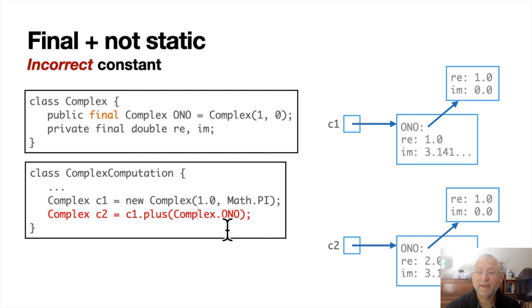I could have written here C1.ohNo, in which case we've added this ohNo field to C1's fields, and we get this result. Doesn't matter because this is not the right way to do this. So I hope that's a little clearer, and you should be comfortable using static and final because they're both very important in different contexts.